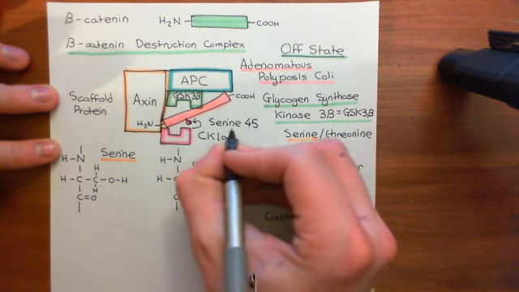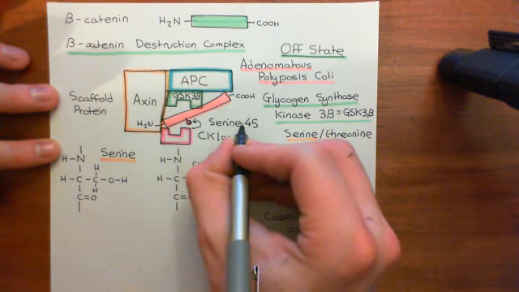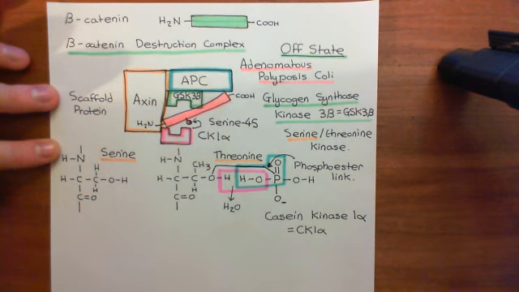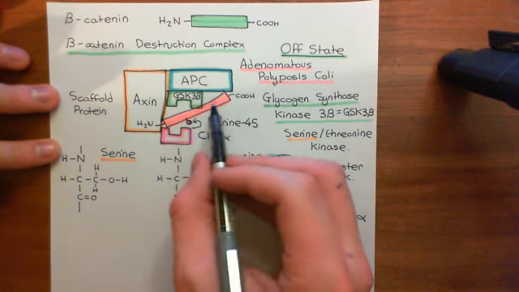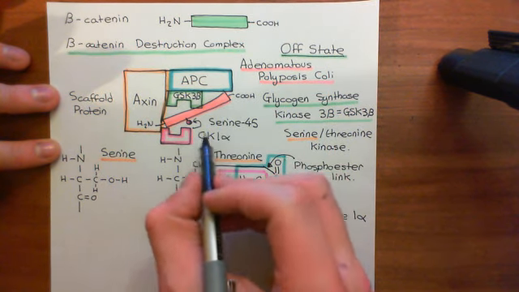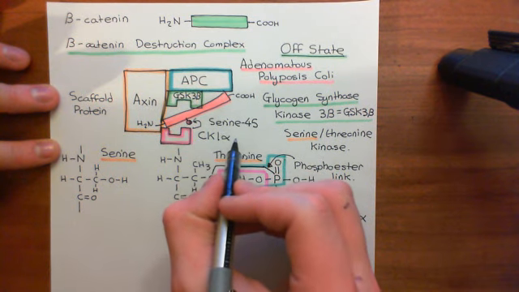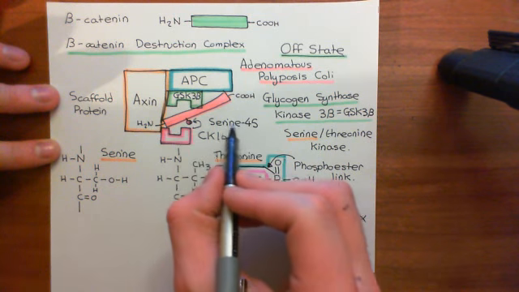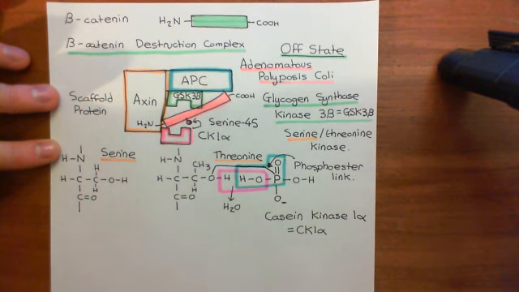It's serine 45. So you're going to phosphorylate serine at position 45. The 45th amino acid in beta-catenin is a serine, and we're going to phosphorylate that. So casein kinase 1 alpha begins the phosphorylation by phosphorylating a serine residue at position 45.